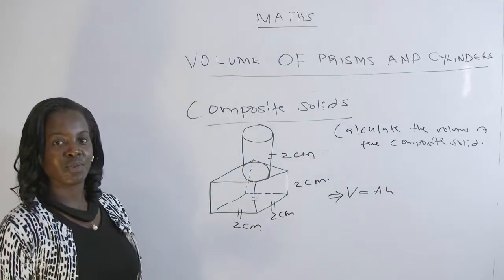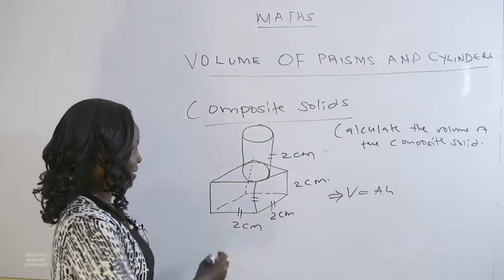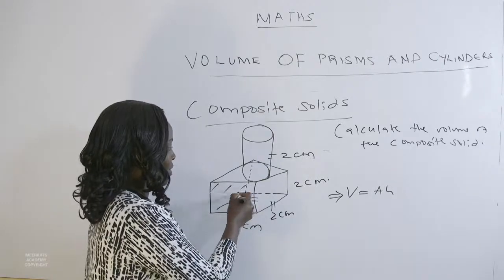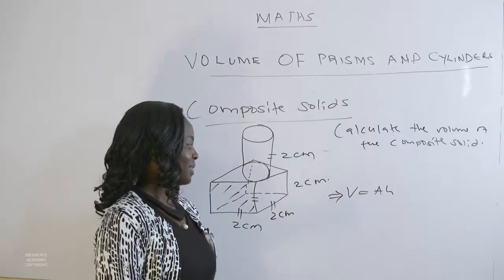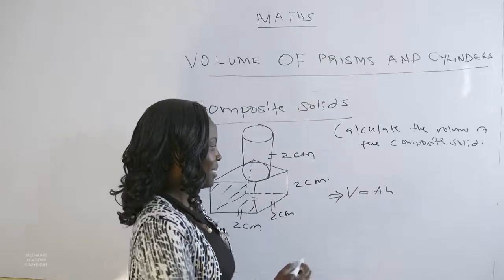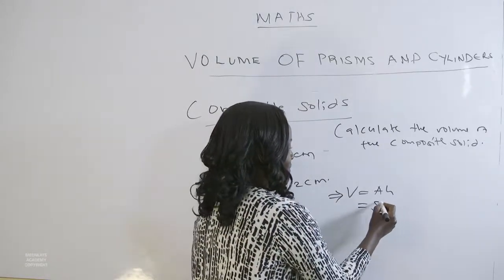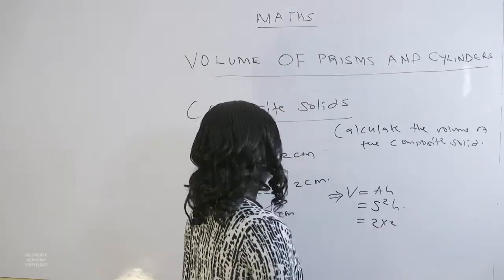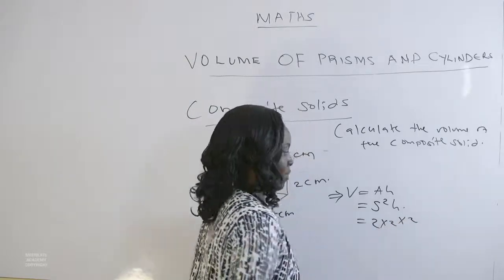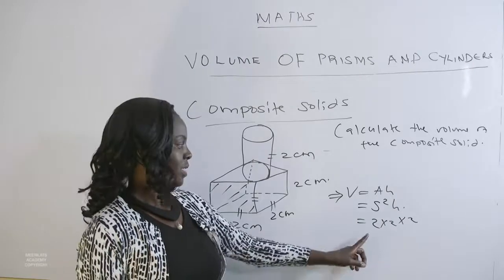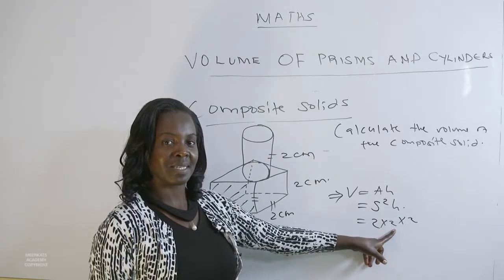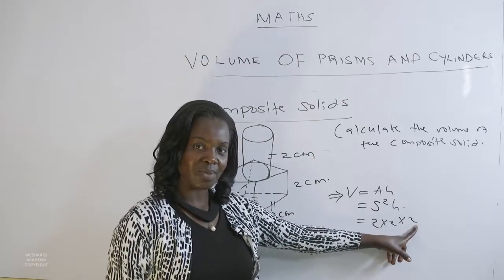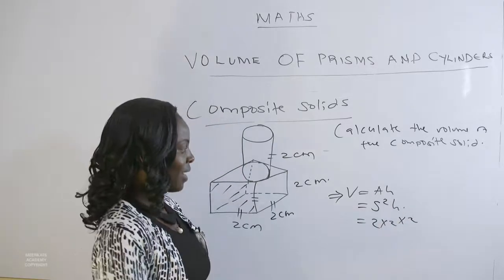Again, volume is equal to base area times the height. For a cube, all sides are equal. That means all sides can be the base. 2 times 2 will give us the base area, then times 2, which is the height, that will give us the volume.